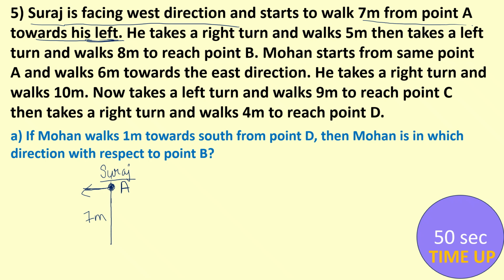Next, he takes a right turn and walks 5 meter. So this is 5 meter. Then he takes a left turn and walks 8 meter to reach point B. Then he takes what turn?